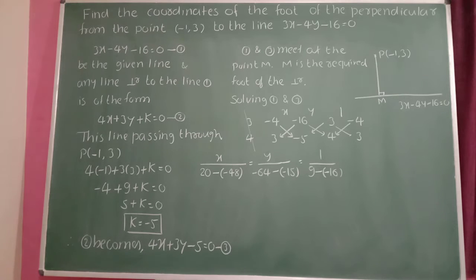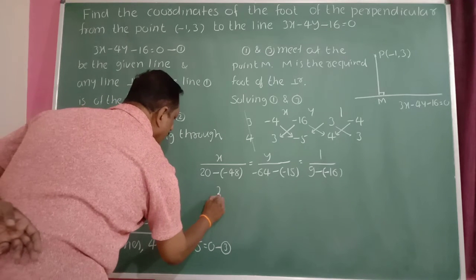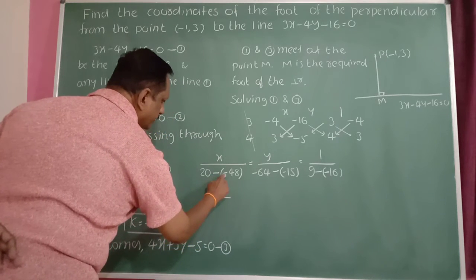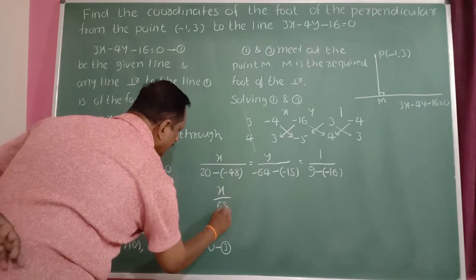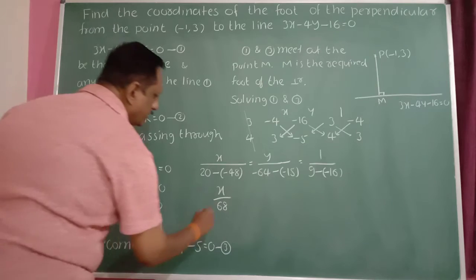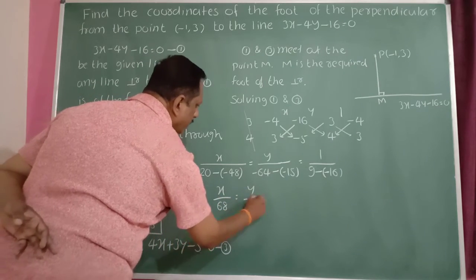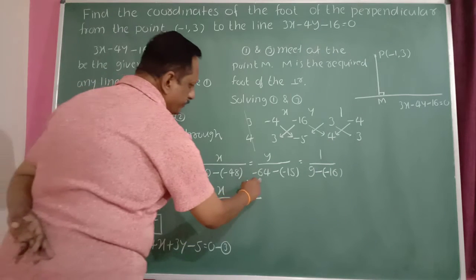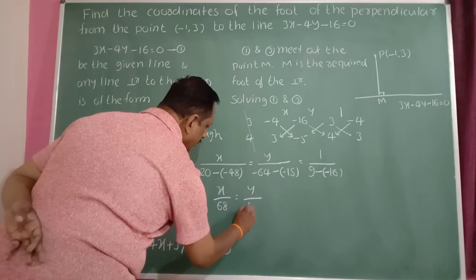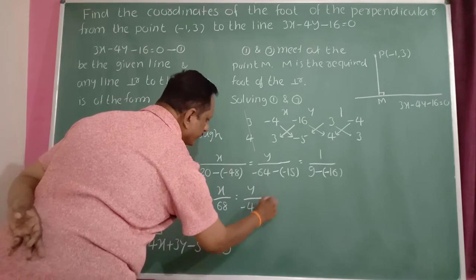Then x divided by minus into minus plus here, so this plus this, 68 here. Then this equal to y upon, minus into minus become plus, minus 64 plus 15, minus of 49 here.